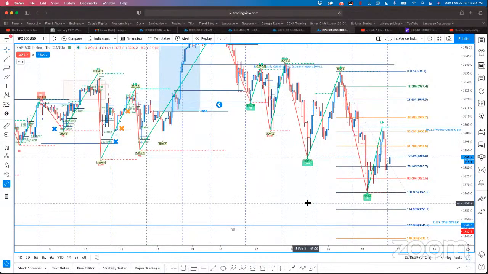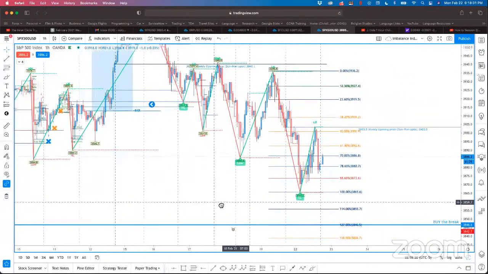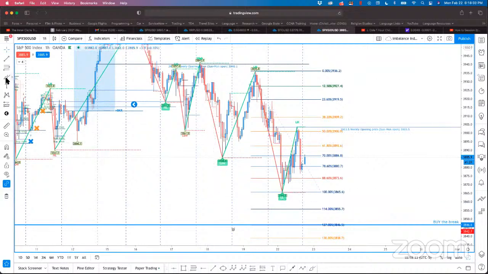And then Anna's asked about fibs, shift, supply and demand. Okay. You can kind of look at it like this.